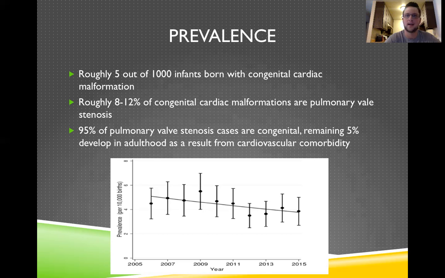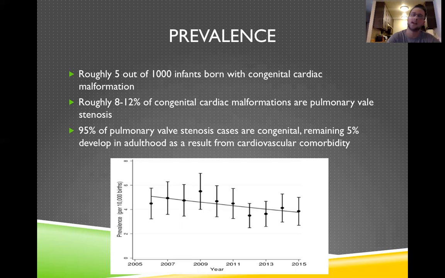Like I said, 95% of these cases are congenital, and the remaining 5% could develop in adulthood, and this is normally as a result of some other cardiovascular disease or something that would cause a malformation in the valve. This is much more rare, and you don't see it as much.